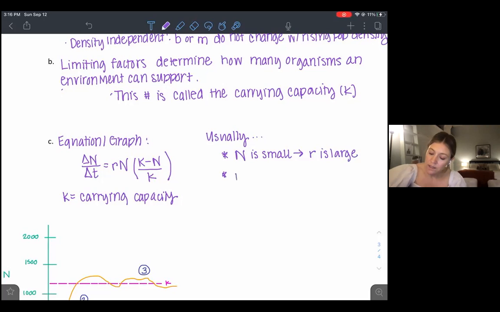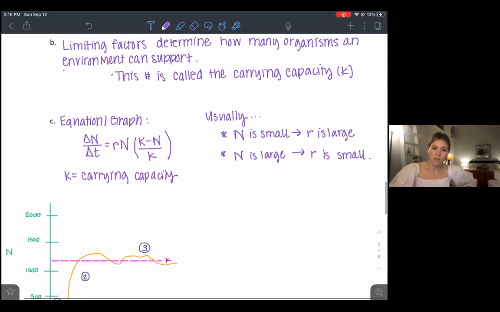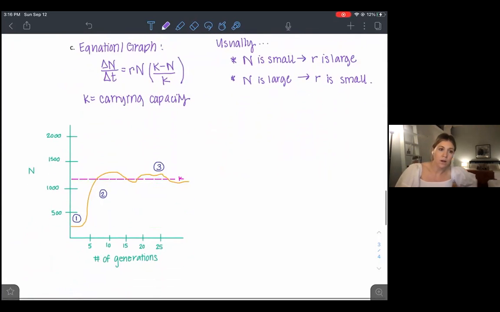As our population size gets closer to the carrying capacity, that growth rate is typically going to get smaller and smaller and closer to zero. Okay. So if we look at our graph here, we can see that it looks a little bit different than the graph that we saw for exponential growth. Instead of having that nice J-shaped curve, we have what we're going to call an S-shaped curve.